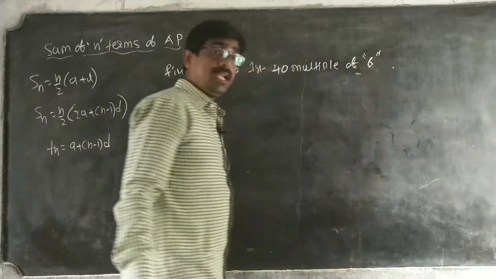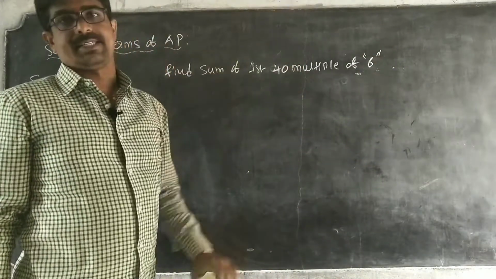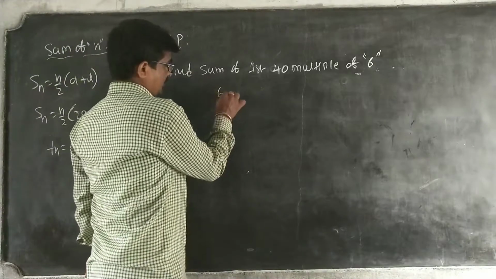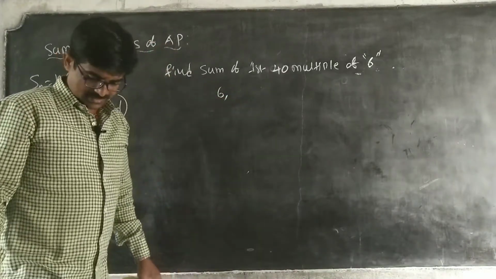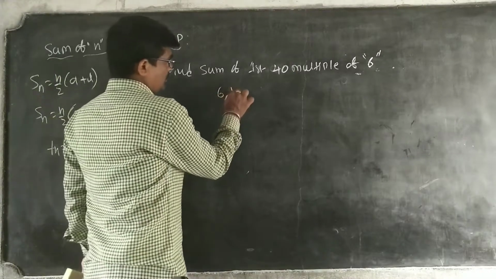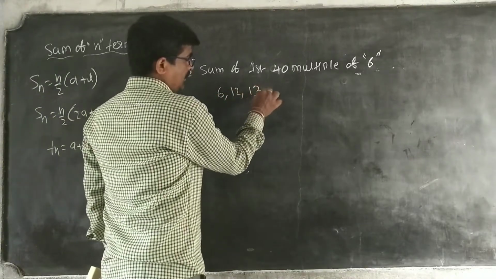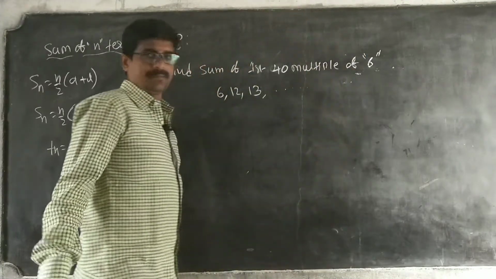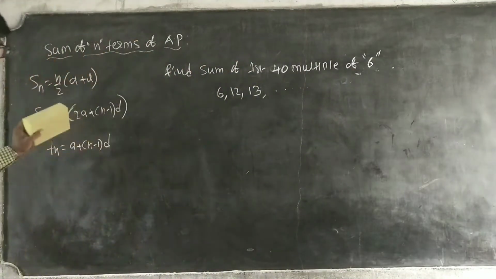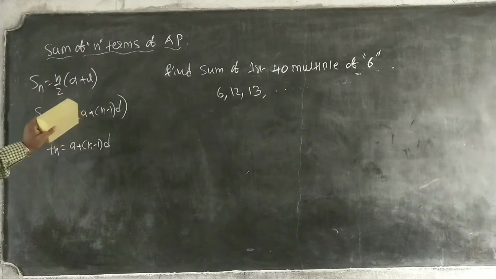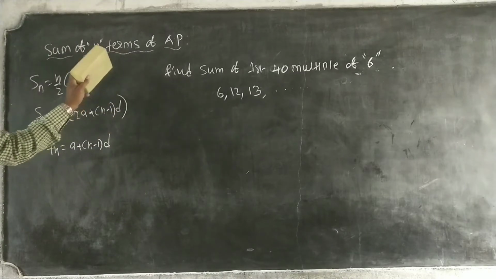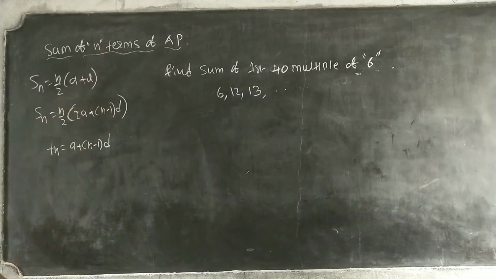Now observe here: 6 ones are 6, 6 twos are 12, 6 threes are 18, up to the 40th term. Now I am using this principle. If you want to find the 40th term, you use that formula; otherwise you have to use this principle.